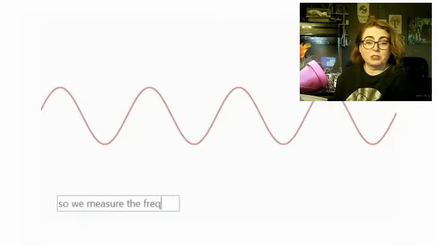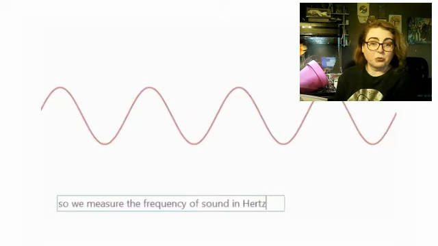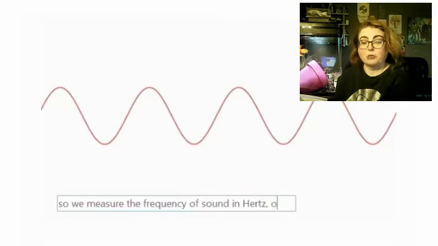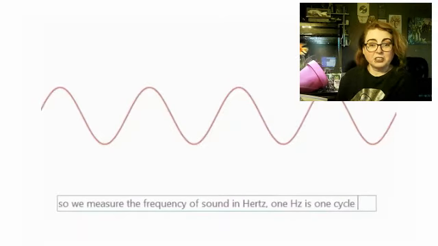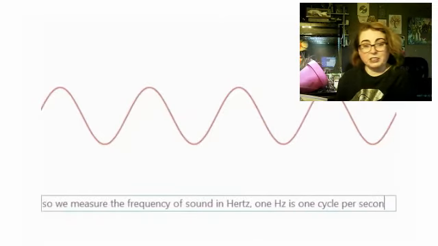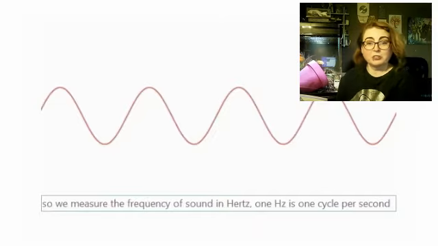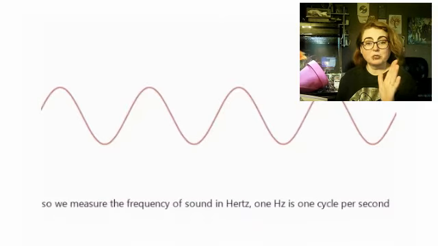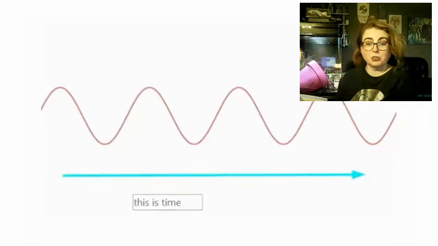So if this was a 100th of a second, there's about 4 of them here, so you would have 400 per second. So we measure this in hertz. So this wavelength here, if this was about 100ths of a second that time was going along here, then this would be around 400 hertz.